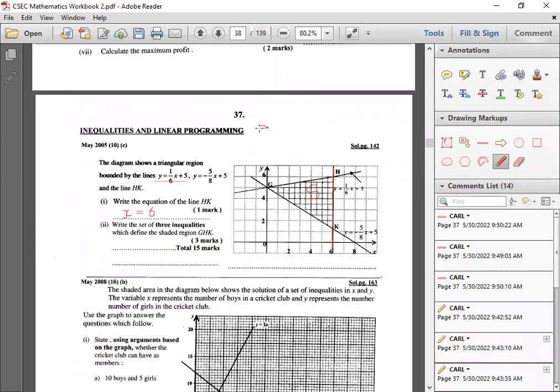For greater than or equal to, let's look at x and y. For the x, it is to the right.